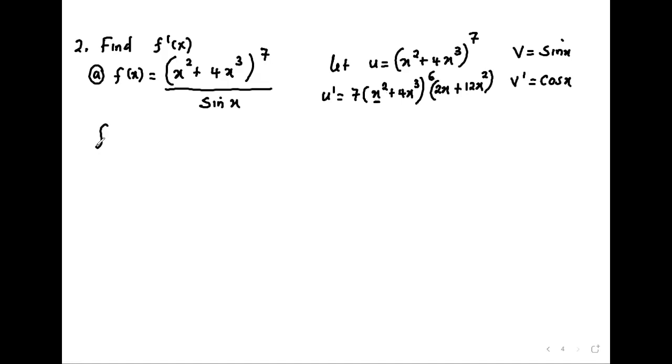So now we come to f prime. f prime is going to be u prime v minus v prime u over v squared.